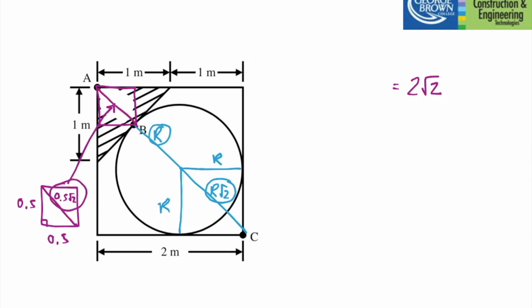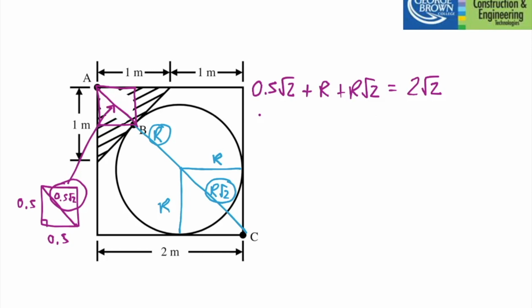So 0.5 root 2 plus r root 2 should equal that. So 0.5 root 2 plus r root 2 equals 2 root 2. And yeah, that leads to some pretty routine calculations, hopefully.